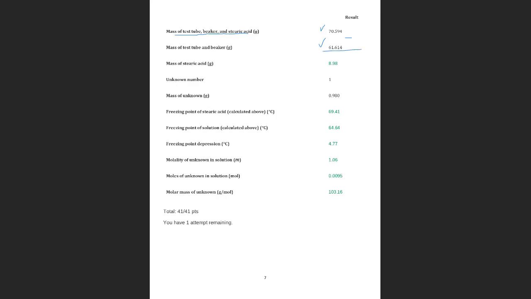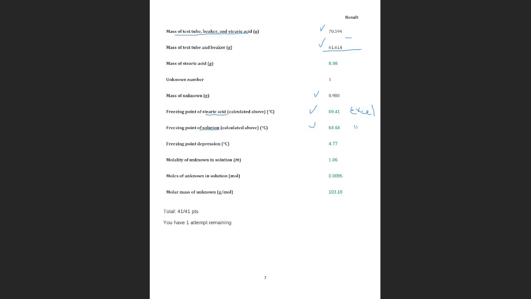Then the unknown, number 1, they will tell you how many grams of the unknown. This information, the freezing point of stearic acid, you are going to obtain it from the Excel. The freezing point of the solution, you are going to obtain it also from Excel.